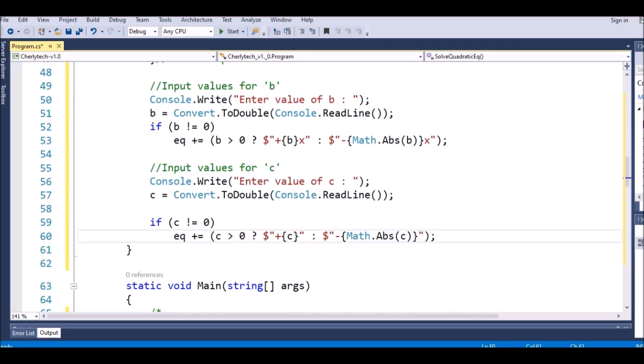So when greater, we just plus C, but when less than 0, we have to put the sign of minus.